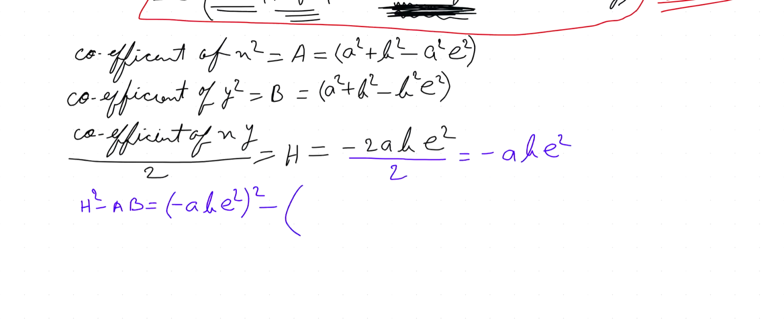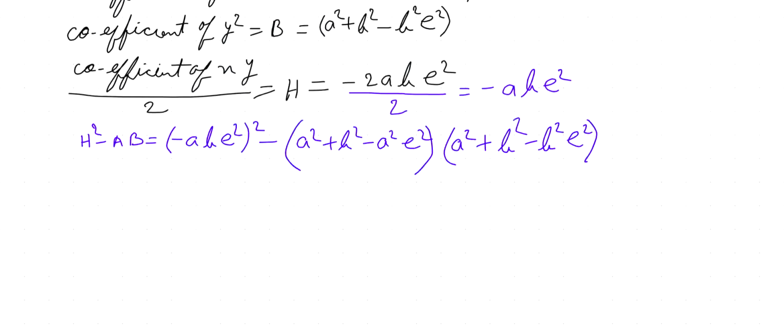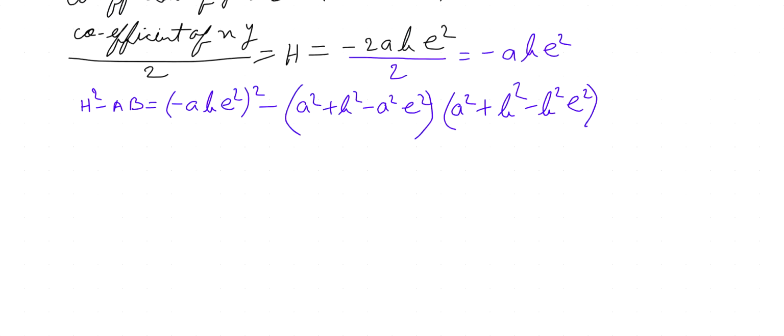So A square plus B square minus A square E square times A square plus B square minus B square A square. After this, it is going to be A square B square e to the power 4 minus multiply terms inside.